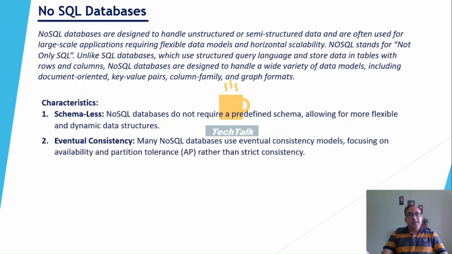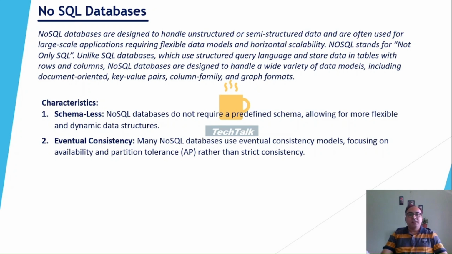Related to that, there is one theorem called the CAP theorem. As per that, in a distributed database system environment, the objective of any database system is to achieve three goals: consistency, availability, and partition tolerance. What the CAP theorem says is that in a distributed database system environment, achieving all three goals is quite impossible.